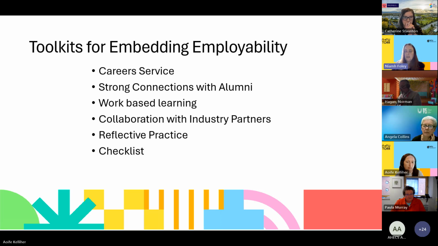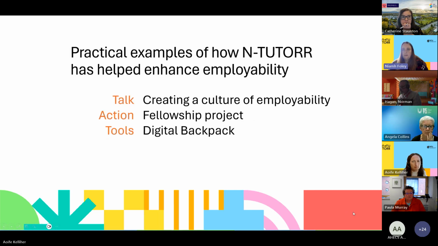So again, having a checklist, and that's what we're trying to develop as a curriculum framework team in MTU, is to see how our programs and modules measure up to that, and where we can see shortfalls or new areas that we can link in and have a toolkit to help programs progress going forward. So Aoife, I'll hand back to you.